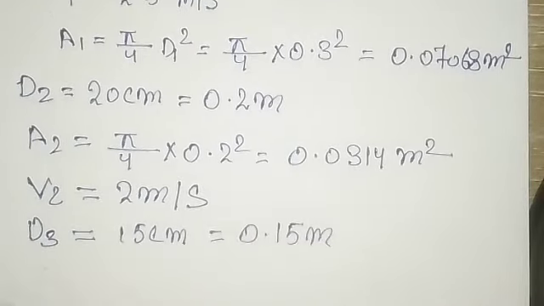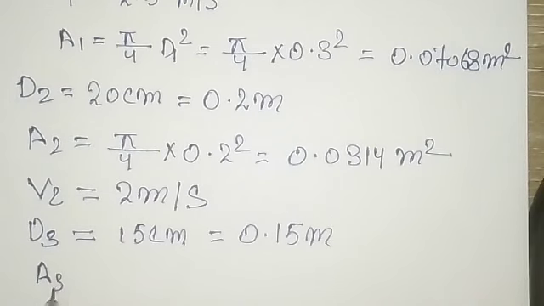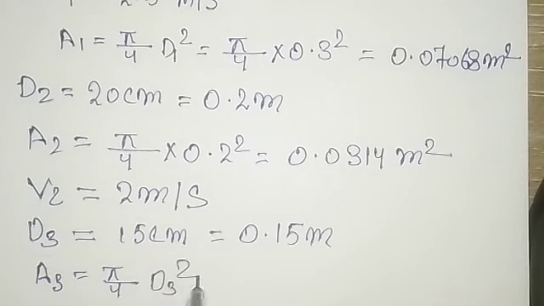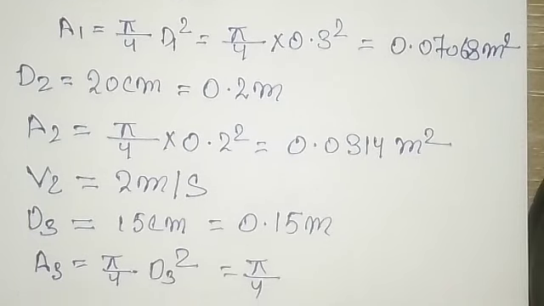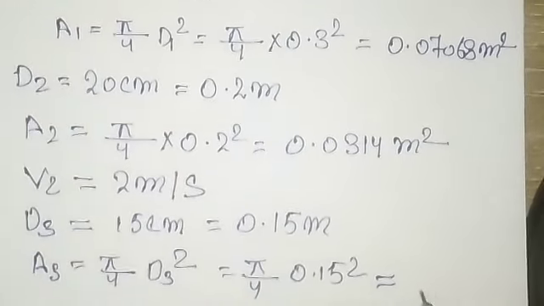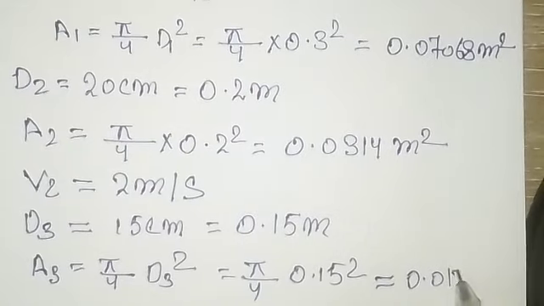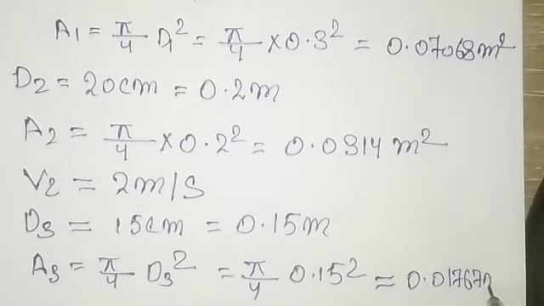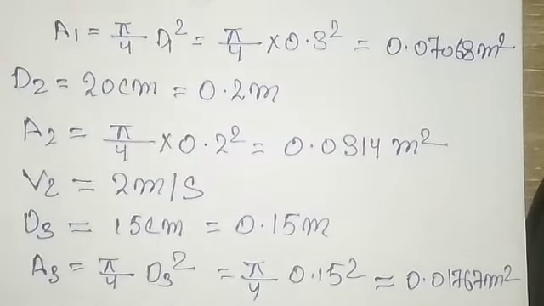Then we can find a3, that is a3 is equal to pi by 4 into d3 whole square, which is pi by 4 into 0.15 whole square. So a3 we got, that is 0.01767 meter square.